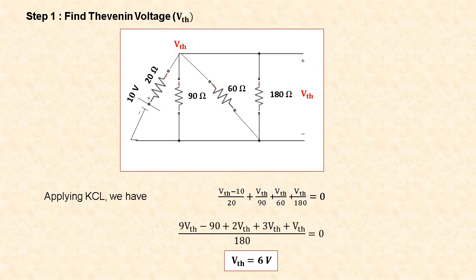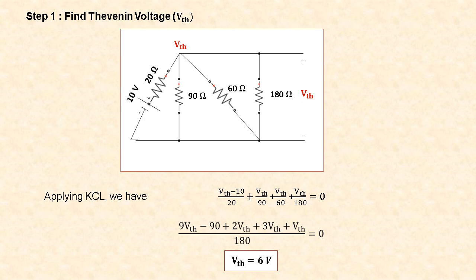To find the maximum power transfer to the load, first we have to replace the circuit by Thevenin's equivalent circuit. So we have to find the Thevenin's voltage first. For that we have to remove the load resistor and find the open circuited voltage across its terminals. Here, since all the resistors are parallel, the nodal voltage is equal to the Thevenin voltage.